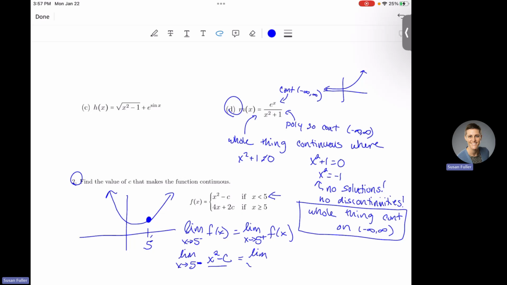And then if I'm looking at the limit as x approaches 5 from the right, these are x values where x is a little bit bigger than 5. That means if x is bigger than 5, I'm going to be down here, and I'm going to use this function because that's what my function is going to look like over here where x is a little bit bigger than 5.